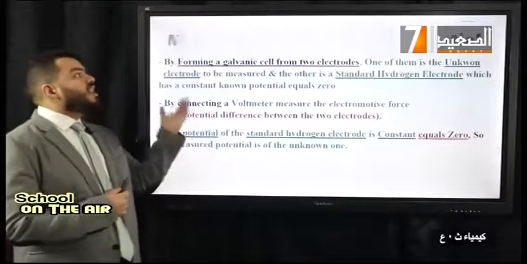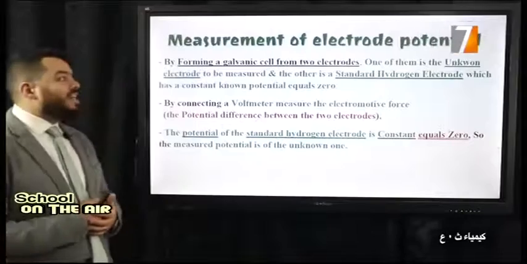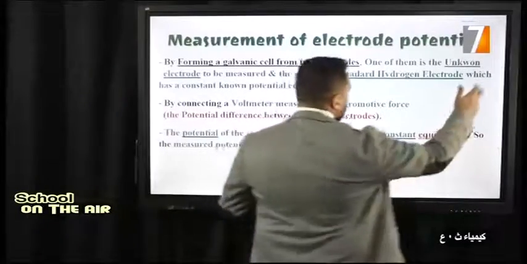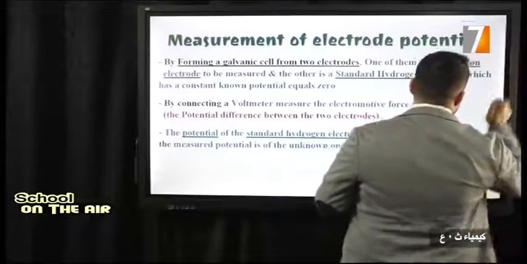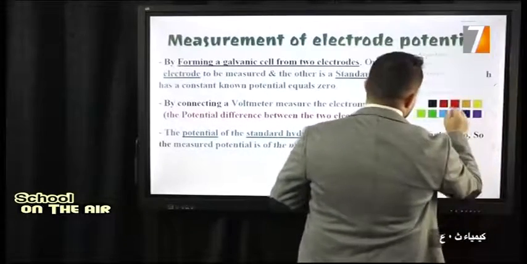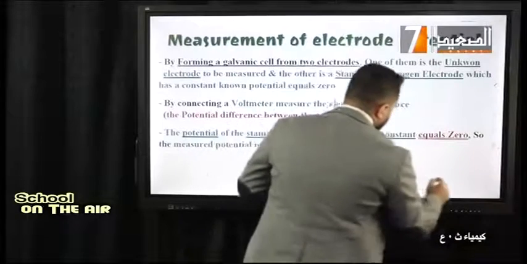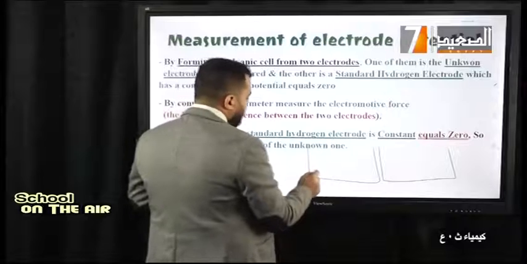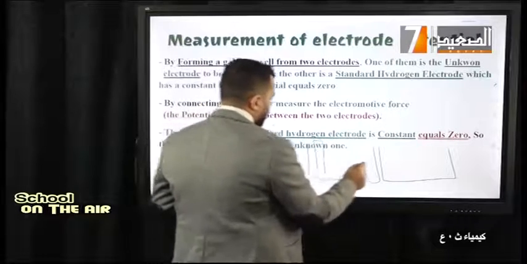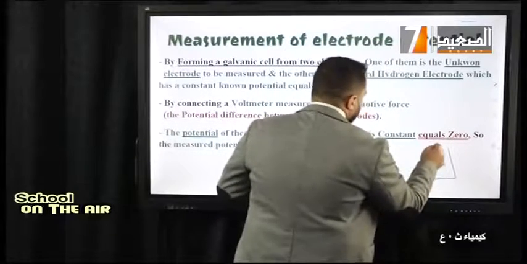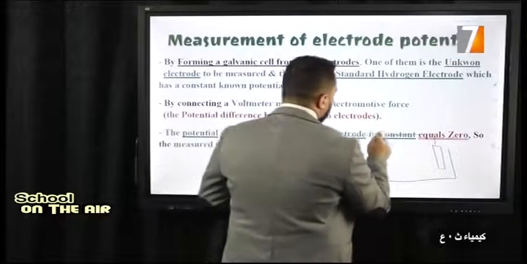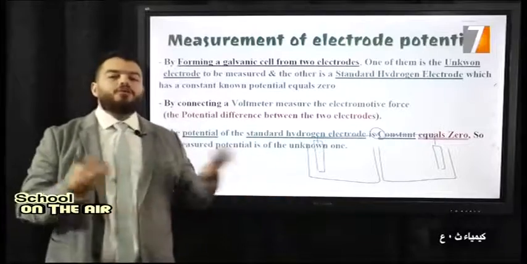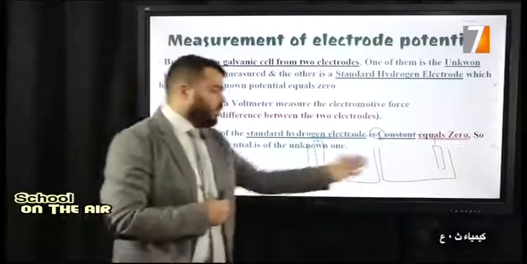To measure any electrode potential, you have to make a galvanic cell and choose one of the electrodes to be the standard hydrogen electrode, and the other electrode will be the one with unknown potential. Why? You know that we have to connect a voltmeter, and this voltmeter is used to measure the potential difference between the two rods.